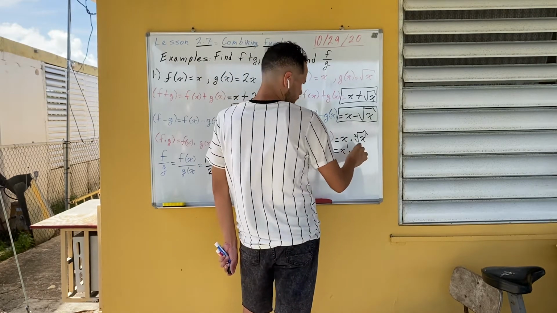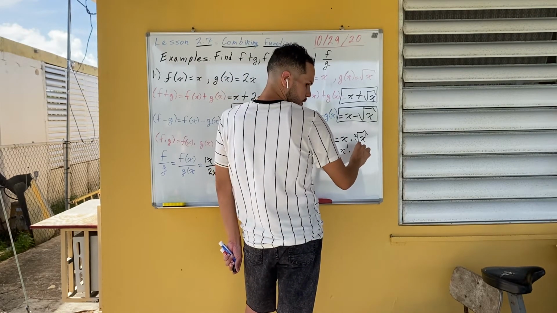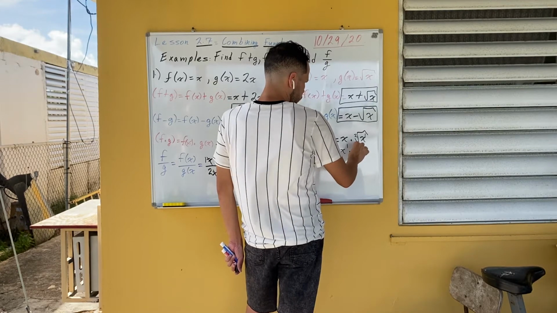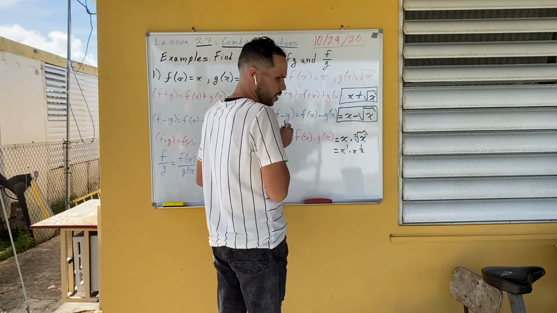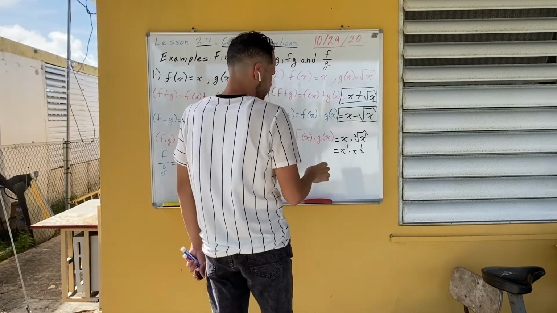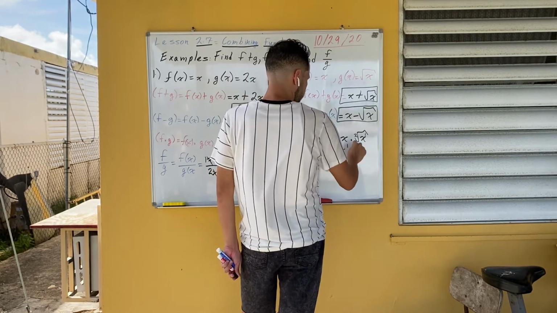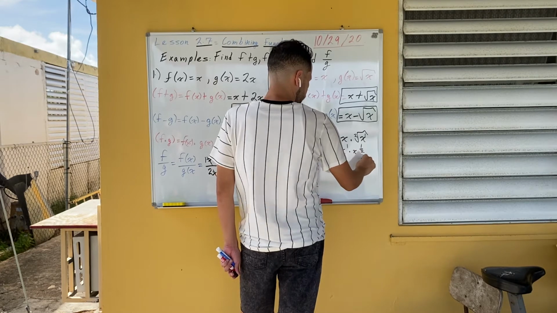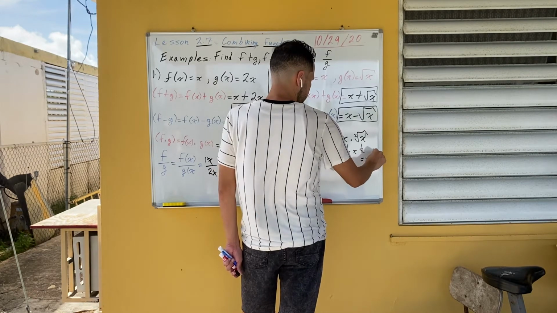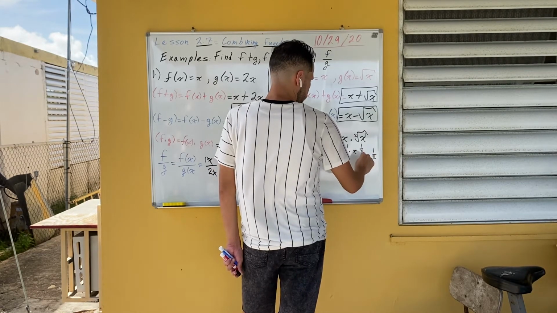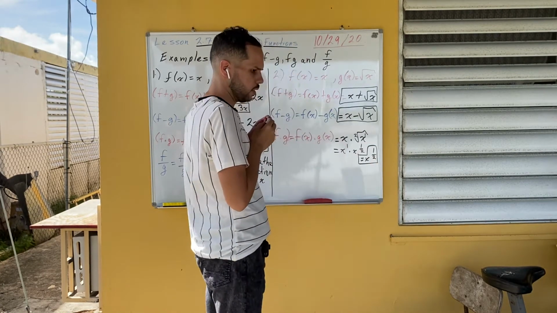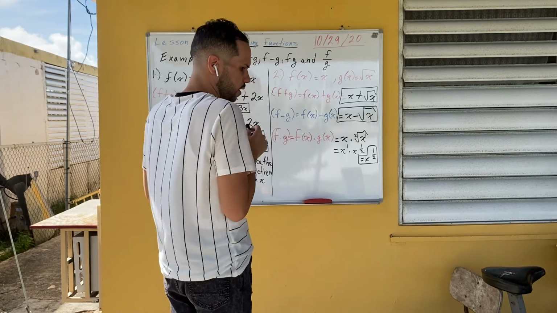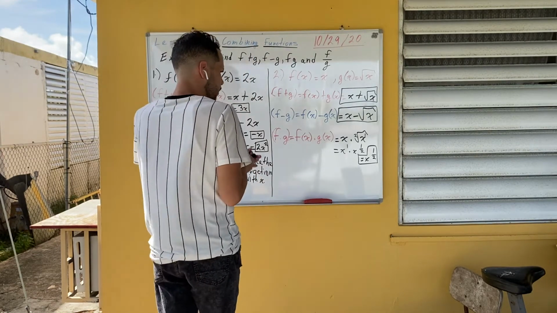It's going to be 1/2 as the exponent, so the answer is going to be x exponent 1 over 2. That's the answer of this problem, because we're going to multiply them.